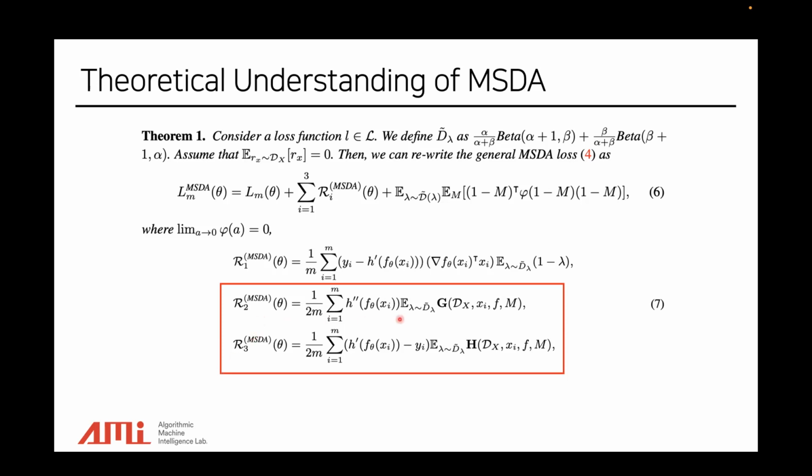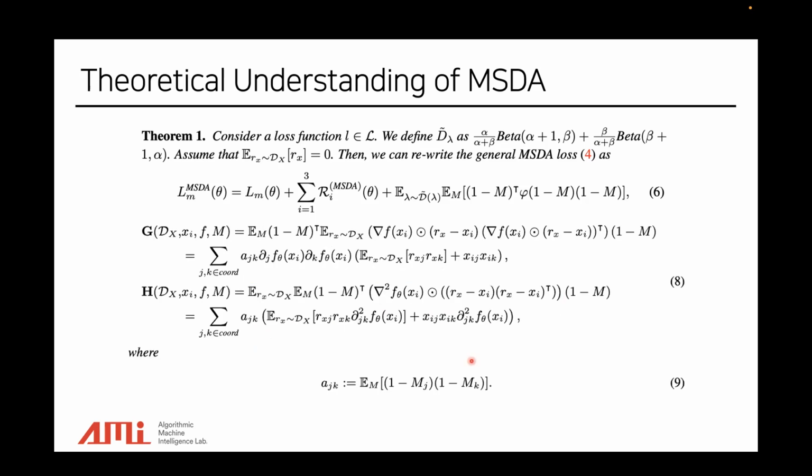R2 has function G and R3 has function H. These functions G and H are derived like this. It seems very difficult, but we just focus on the part marked in red.